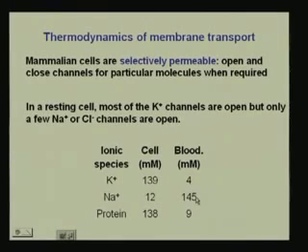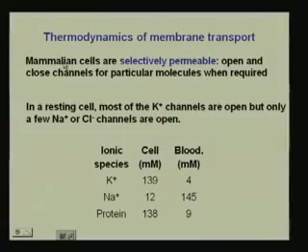It is very, very smartly designed. So, if we consider these mammalian cells, they are selectively permeable and they open and close channels for particular molecules when they are required, because you cannot have too much sodium in the cell. You cannot have too much potassium also. Too much is also bad.